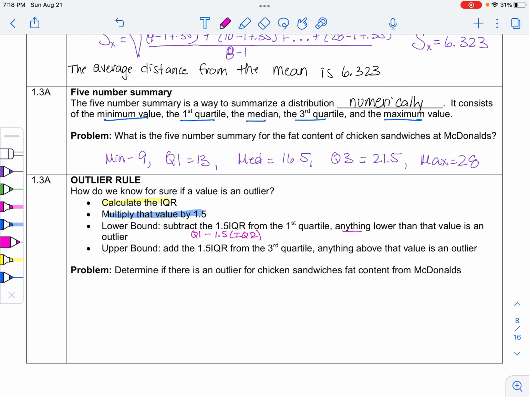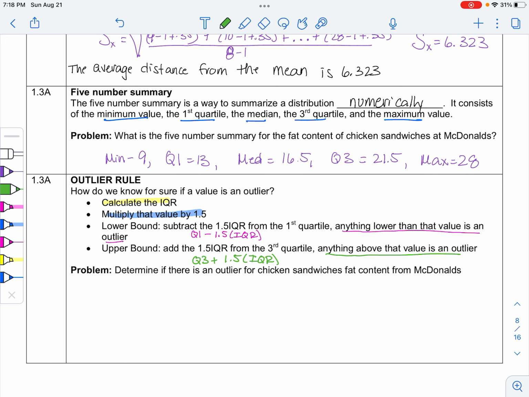Anything lower than that lower boundary is considered to be an outlier. To find your upper bound, you're going to take Q3 and add 1.5 times the IQR. And anything bigger than that value is considered to be an outlier.